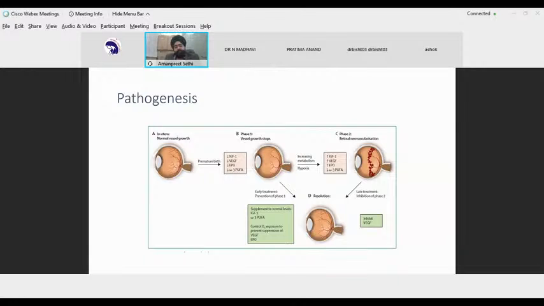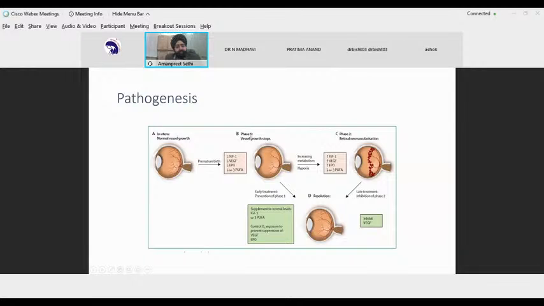So this oxygen causes decrease in the levels of VEGF, IGF-1 and erythropoietin. So this causes the normal vessel growth of the retina to stop. So this comprises the phase 1 of the ROP, where the normal vessel growth is stopped.